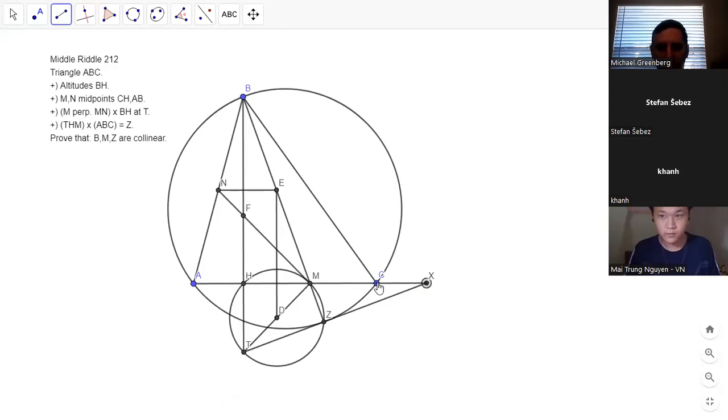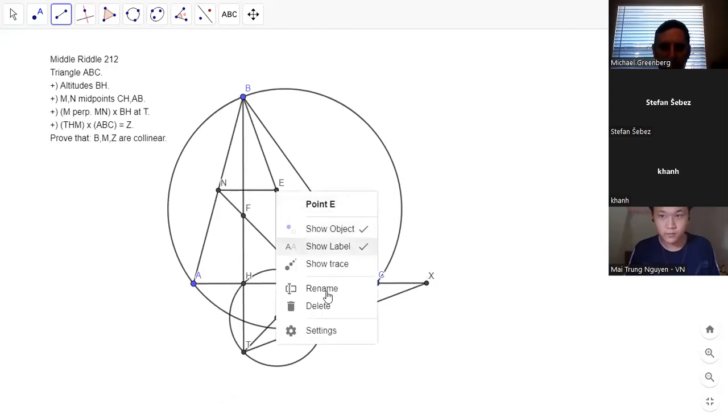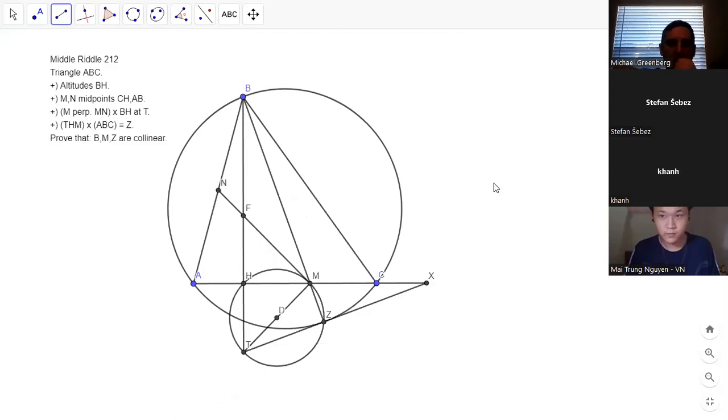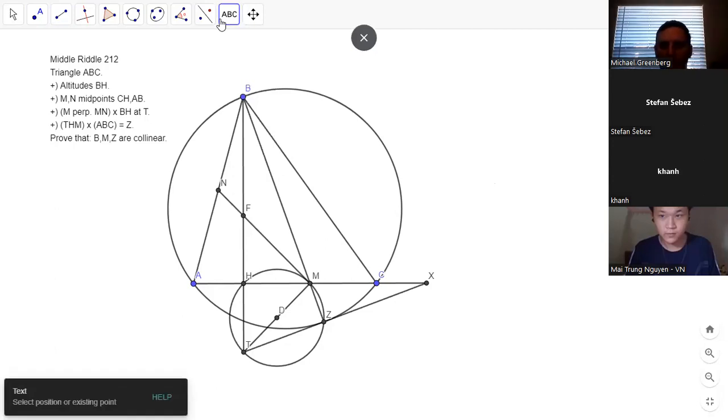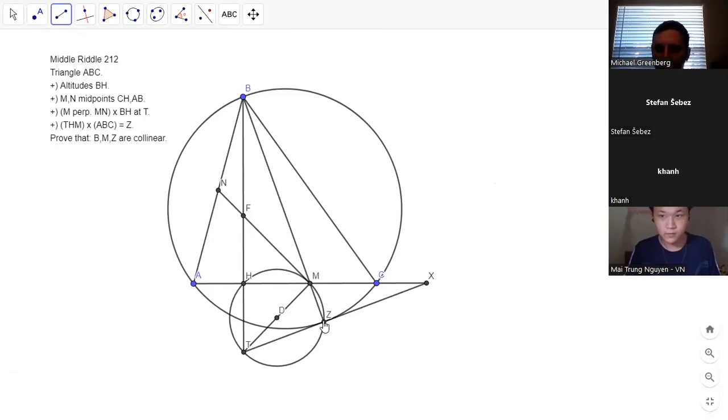So I'm going to delete point E. BM and ABC. Line passing through Z, cut AH.